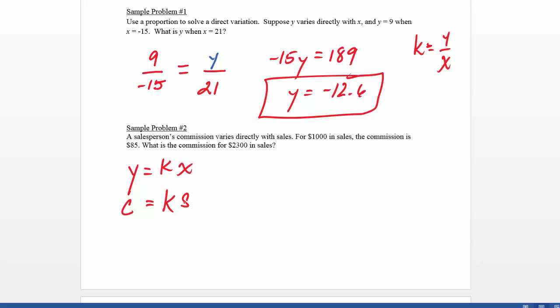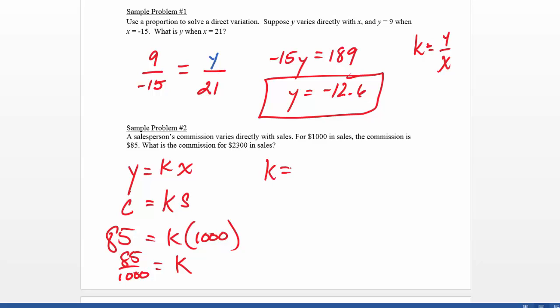Or I'm going to show you another way to back into this. In this method, we can say that for $1,000 in sales, we have $85 in commissions. So basically, our k here is going to equal 85 over 1,000.